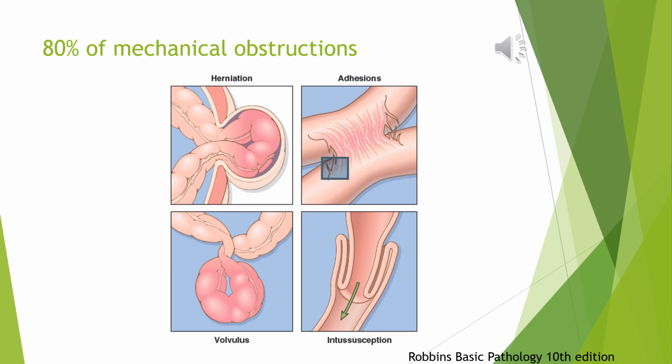This adhesion will result in mechanical obstruction. Another cause of mechanical obstruction is volvulus. Volvulus, or it's like torsion of the intestine, التواء, in which we will have impaired venous drainage, stasis, edema, and congestion, and can be complicated later on by infarction and ischemic damage to the bowel.